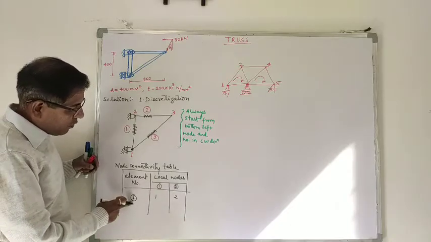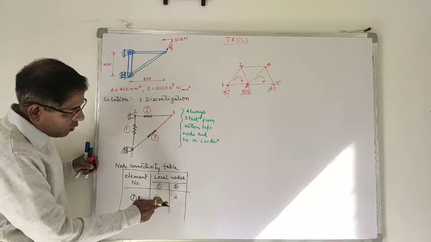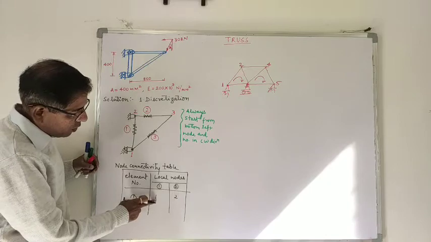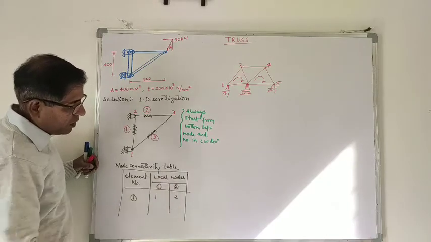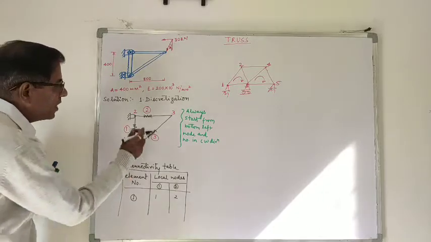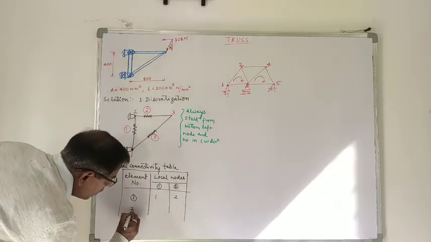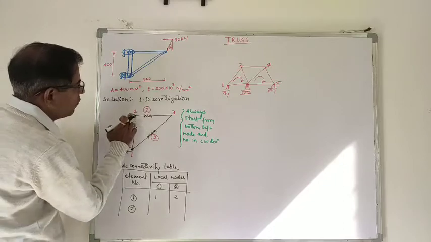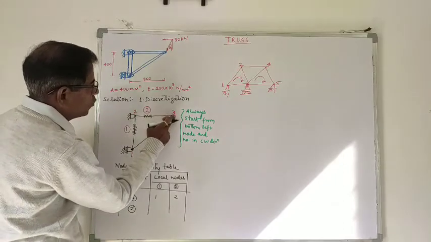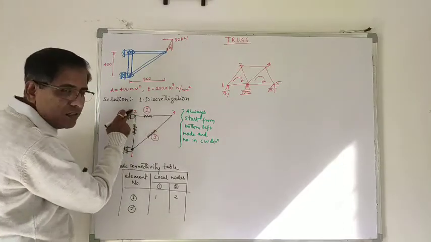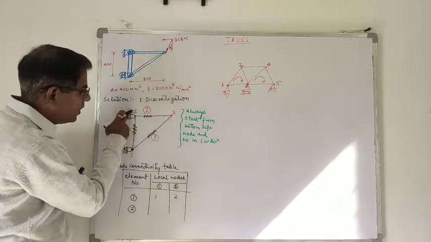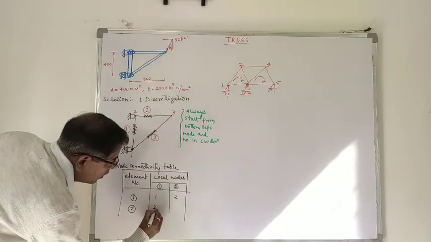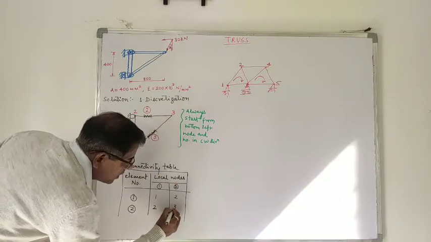Similarly, element number 2 is made up of node number 2 and 3. Out of which 2 is the smaller number and 3 is the bigger number. So 2 will be my first local node and 3 will be my second local node.